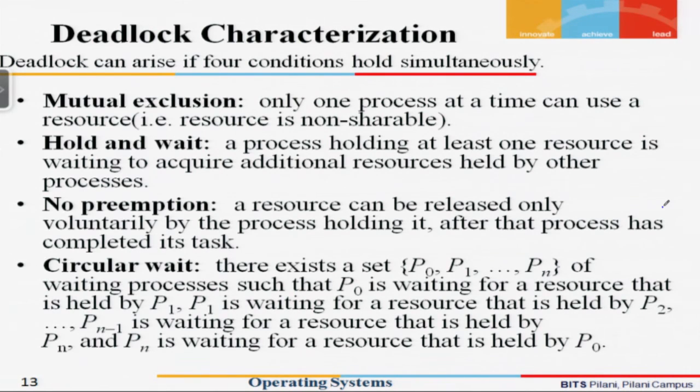Meaning, we say okay, avoid mutual exclusion, or avoid hold and wait, avoid preemption, or somehow see that circular wait is avoided. If we can design a system where any one of these 4 conditions is not allowed to occur, then we know that deadlock can be prevented. We will see one by one what it leads to.